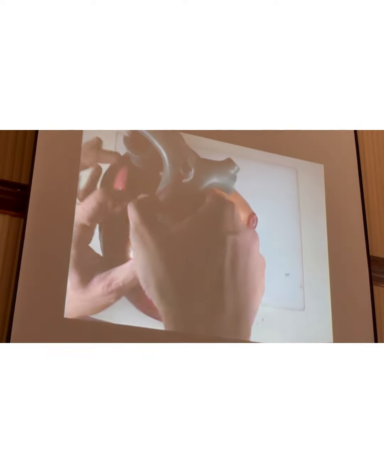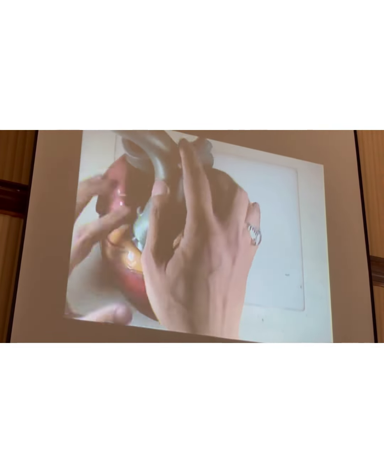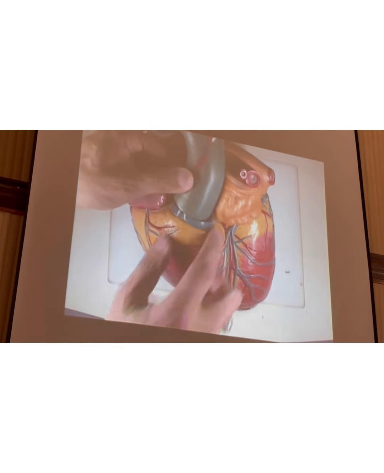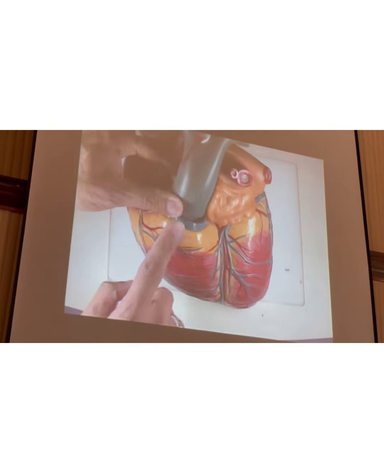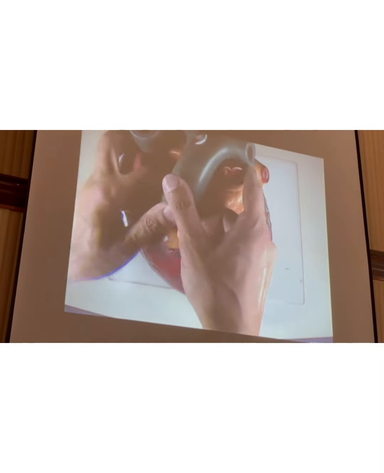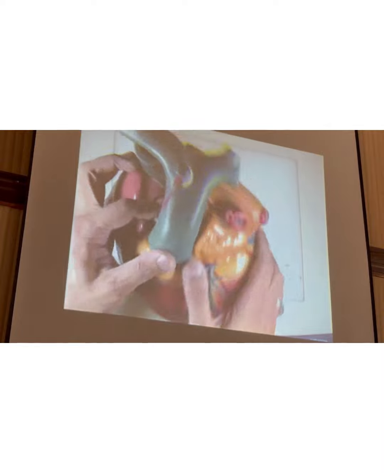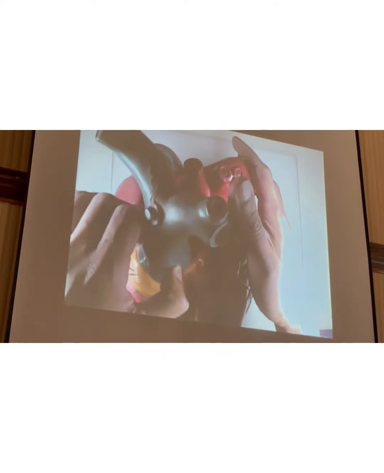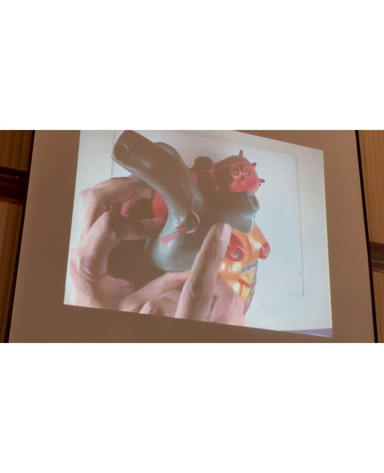We said the pulmonary trunk, the outlet, is narrowed to form the infundibulum. Then the pulmonary trunk runs anteriorly and is divided into the right and left pulmonary arteries.